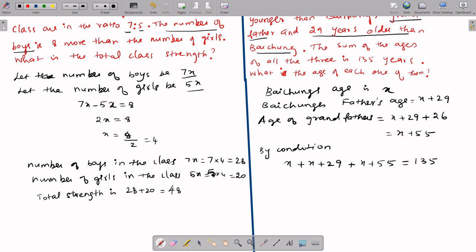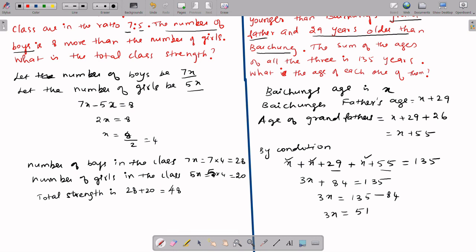So here x plus x plus x is 3x, plus 29 plus 55, which is 84, is equal to 135. Taking the 84 to the other side, it becomes minus 84. 135 minus 84 is 51, so 3x is equal to 51.